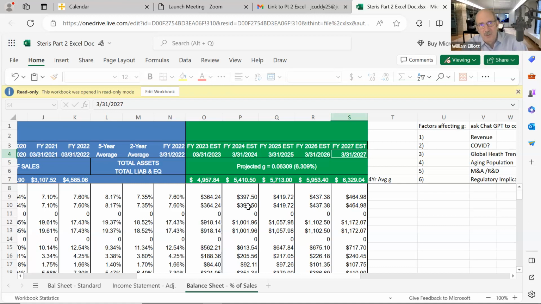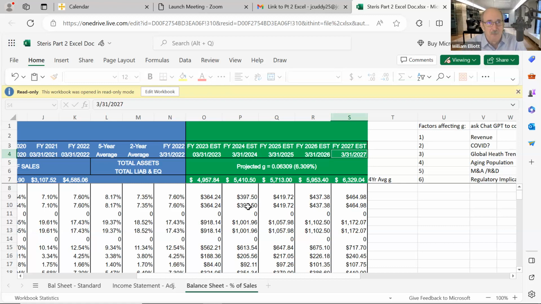If I saw that the percentages were relatively the same on the income statement and the current assets and the accounts payable on the balance sheet, then I would just take the average. If I saw that the more recent couple of years seemed to be different from the prior 3 years, then I'd use that 2-year, and maybe even something else if something changed in the most recent year.